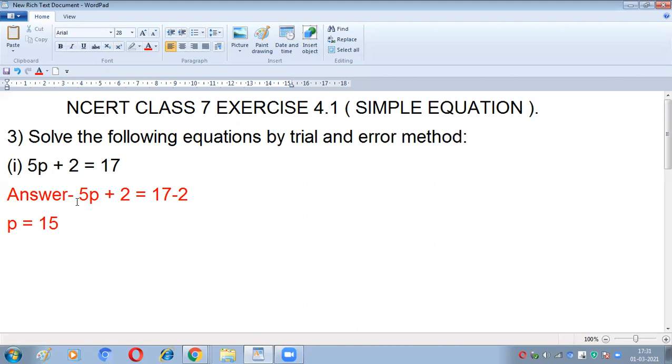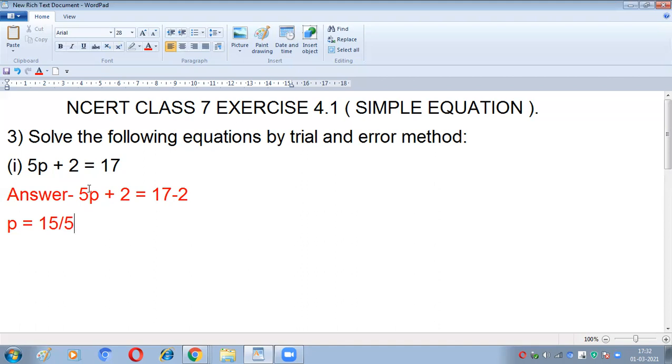So when 5 will move to right hand side, the sign will change to division. Here will be 15 upon 5. This will go to division form because here is multiplication. Multiplication will go to division or division will go to multiplication.